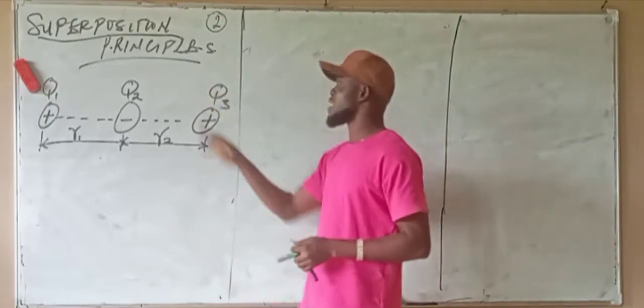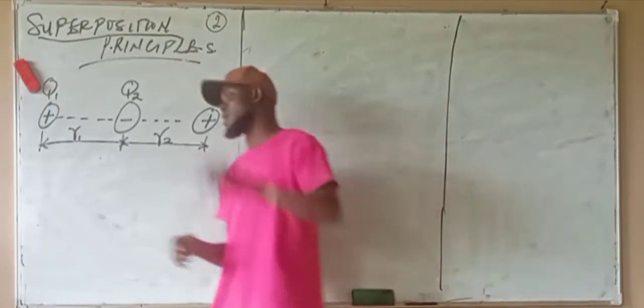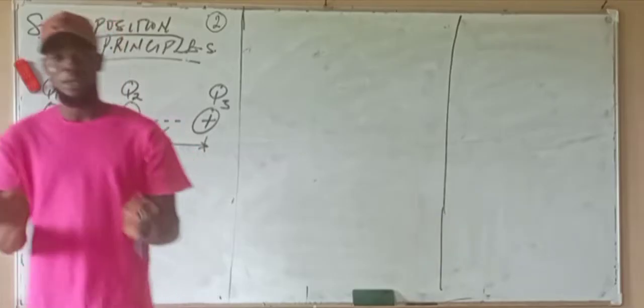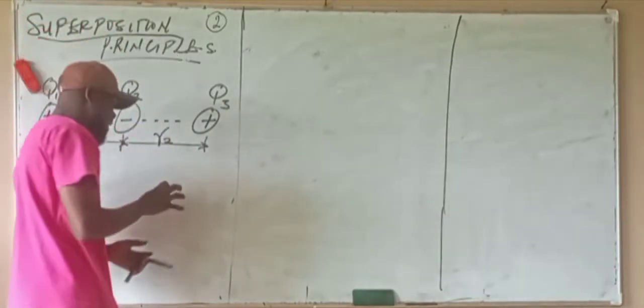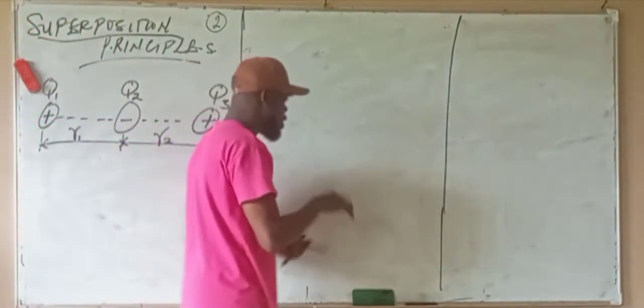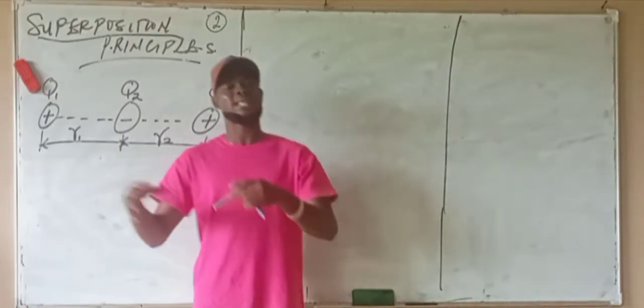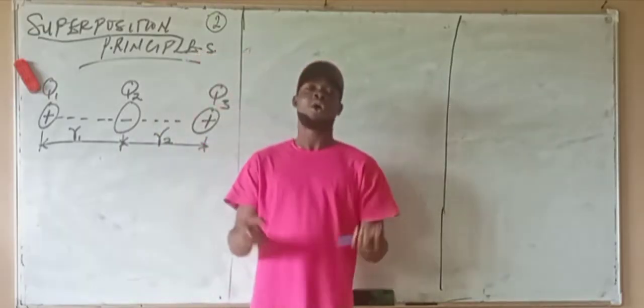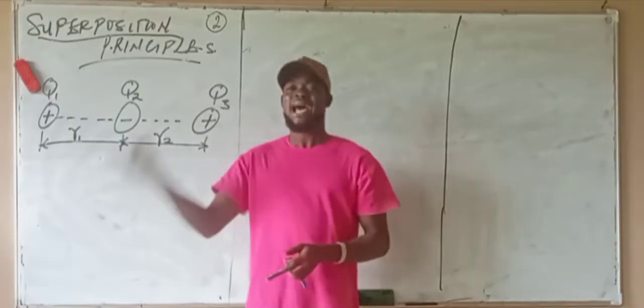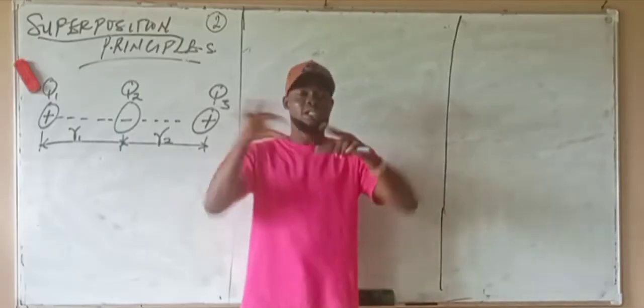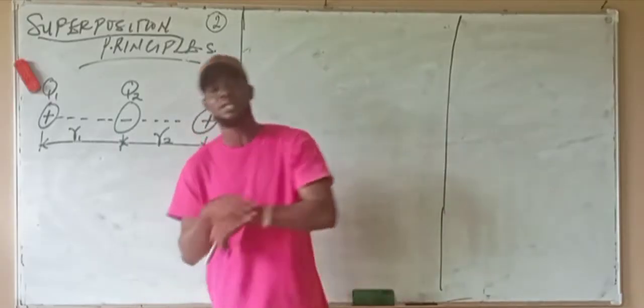So let's go back to this. What is this principle actually about? Now listen, a very simple way. The principle states that the force exerted on a charge due to other charges is the vector sum of the Coulomb forces acting on that particular charge due to the charges around it.